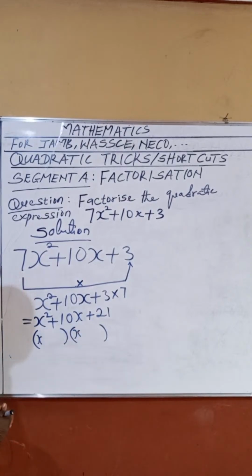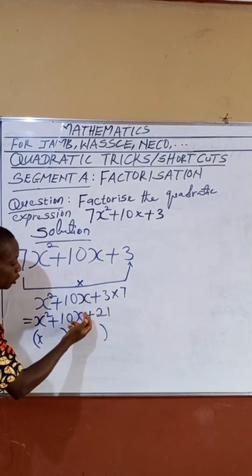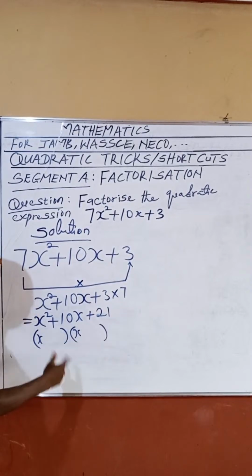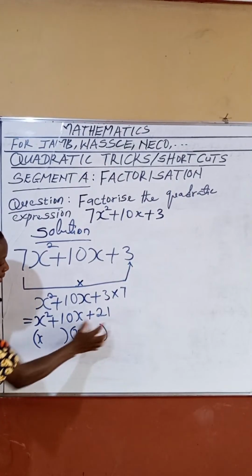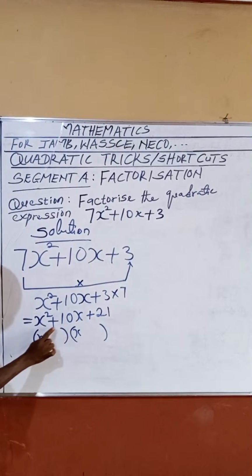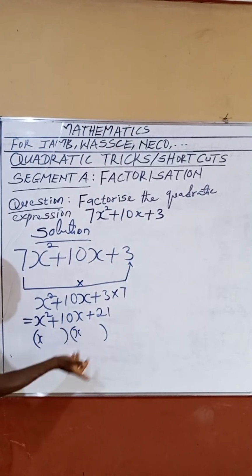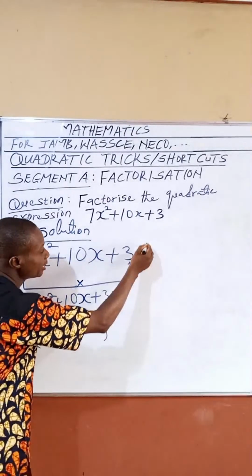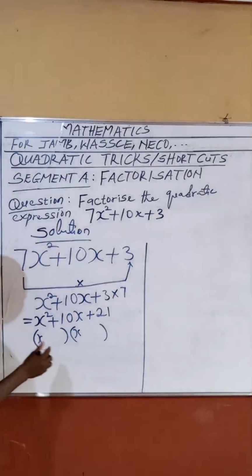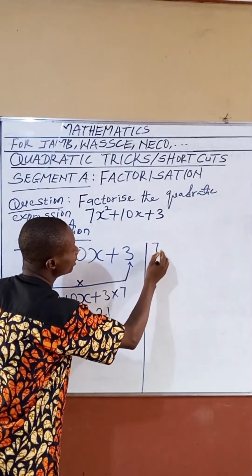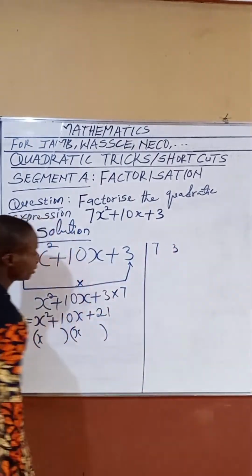So get the two numbers. What are the two numbers that we multiply to get 21, but when we add together, give us plus 10? We are going to try 7 and 3.